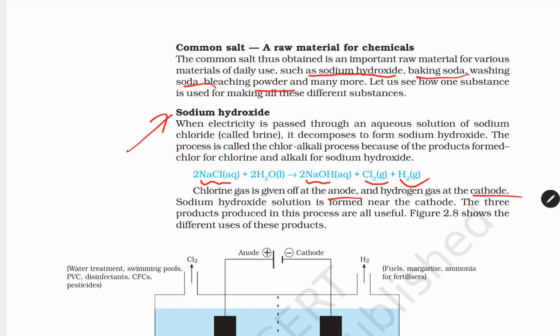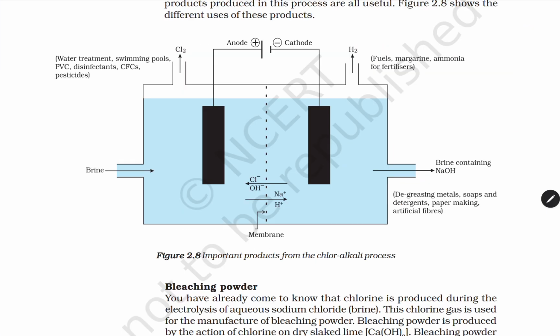So first we observed that we can prepare sodium hydroxide using common salt, right? Using the electrolysis process. In this picture you can observe that in the reaction we are using brine, that is salt water, which is electrolyzed using these two.